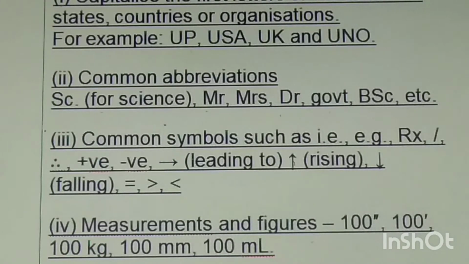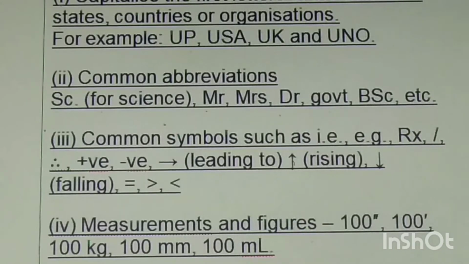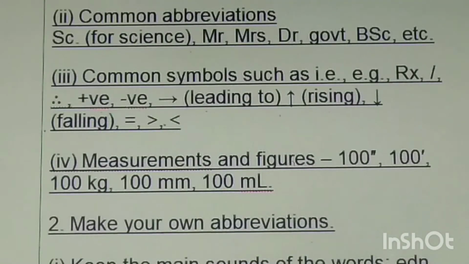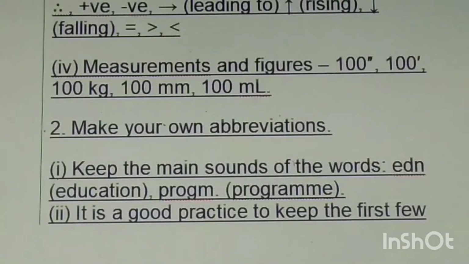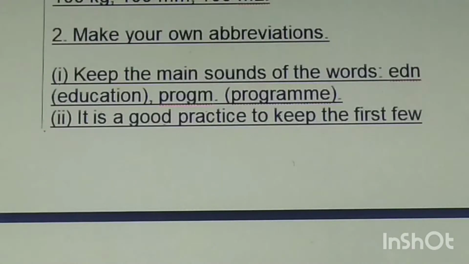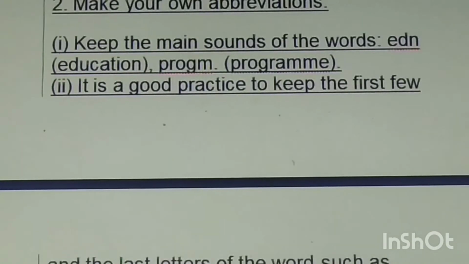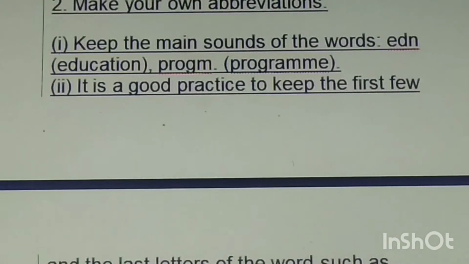Then symbols: positive, negative, leading to, rising, falling, equal to, less than, greater than. Measurements and figures. See, 100 centimeters, inches, kg, millimeters, milliliters. Make your own abbreviations. Keep the main sounds of the words. Education, program. See how it is abbreviated, children.